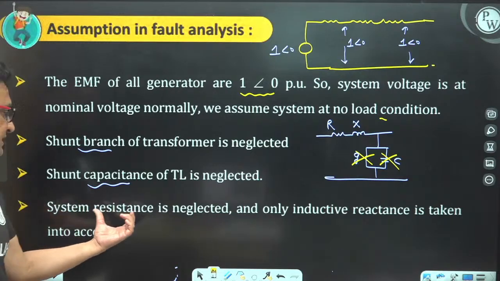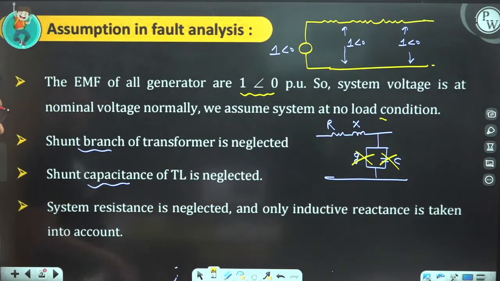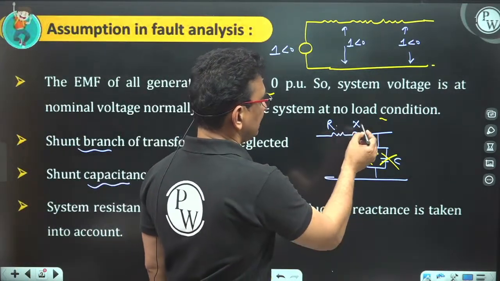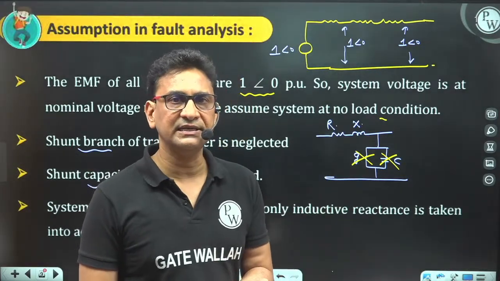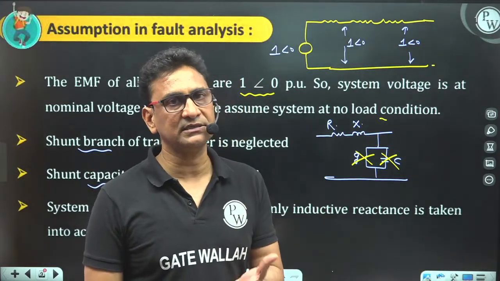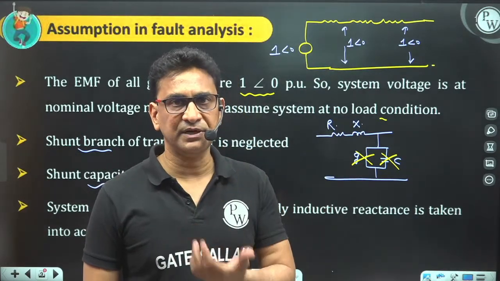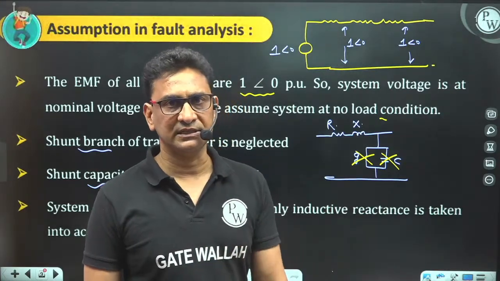Now, the system resistance is neglected, only the inductive reactance of the transmission line is taken into account. Because if you compare the value of resistance and the value of reactance of the transmission line, the resistance is very, very less as compared to the reactance, because generally our conductor is made of aluminum, which has a very low value of resistance.